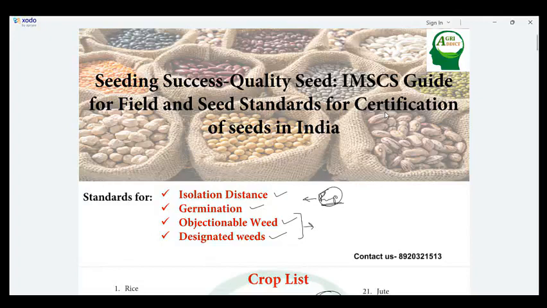When we talk of seed production, what you should understand and remember is its pollination biology, its isolation distance, and its seed standards, which are objectionable weeds, designated diseases, and germination percentage, and if there is any pure seed percentage, physical purity percentage, and genetic purity percentage. These are the things you should remember, and any specific cultural methods if they are available.